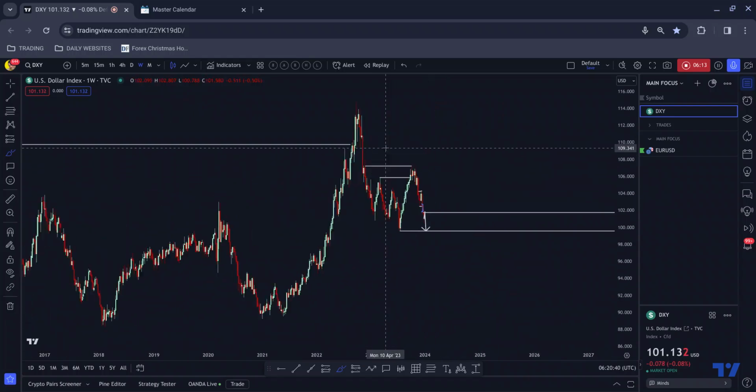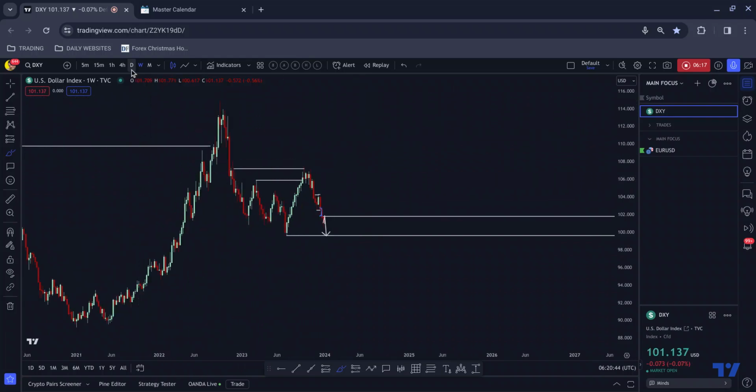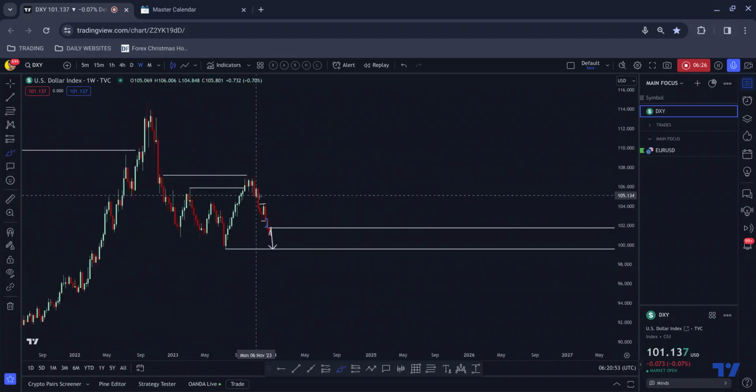We broke above, caught people on the wrong side of the market, pushed down, and you can see that we broke above these highs and this exchange of liquidity there, and that we're trading well and truly below all of those. And where do you think the bigger players go? Overall, this is an index, lest we forget, but it seems likely to me that we will be finding our way down to here.